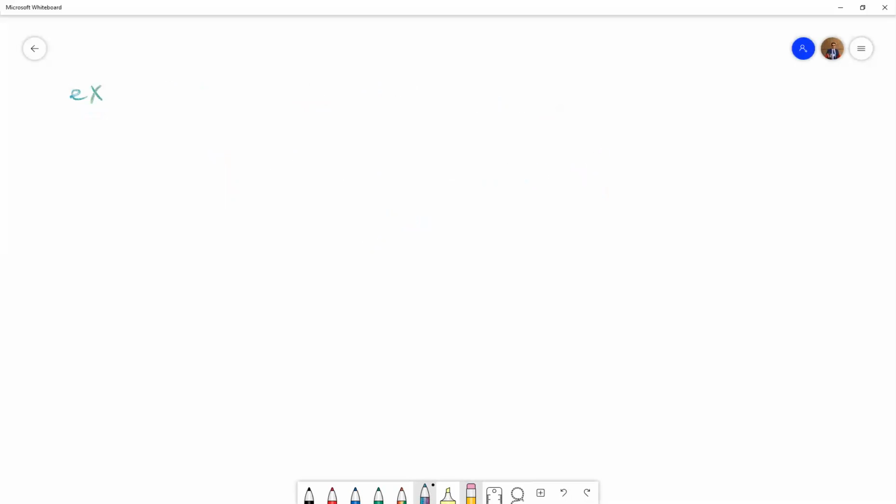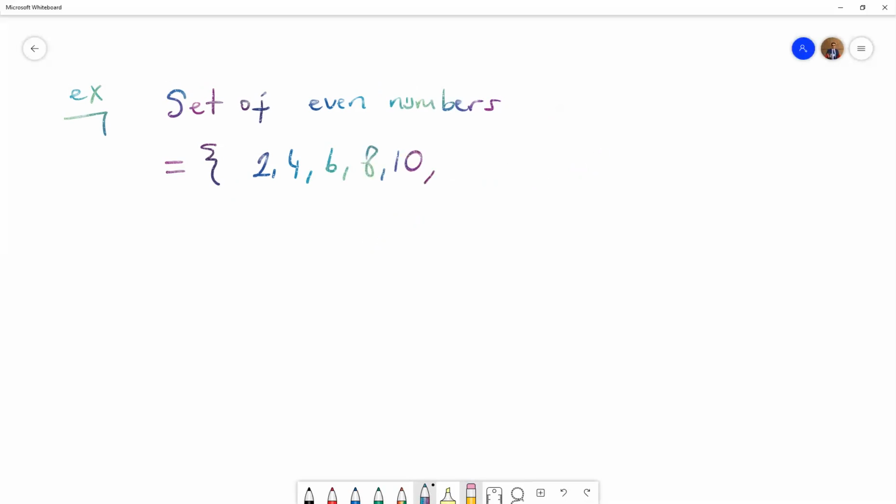Another example. Set of even numbers. You see, here we have 2, 4, 6, 8, 10, and ellipses, dots.